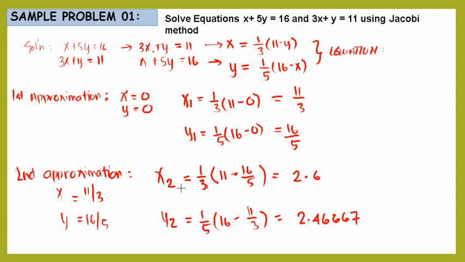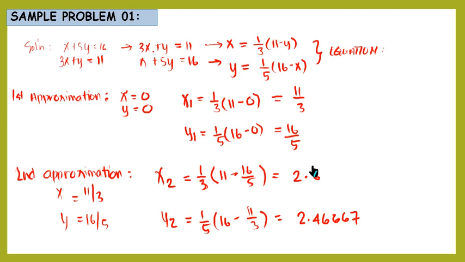So yung susunod na approximation natin, yung x sub 3 and y sub 3, yung magiging value na natin dito sa x and y natin sa ating equation will be our value here in the second approximation. So yung magiging value na natin ng x and y is 2.6 and 2.4667.